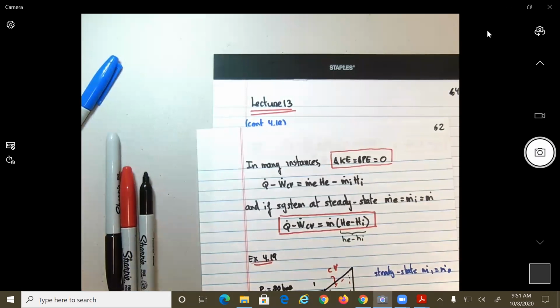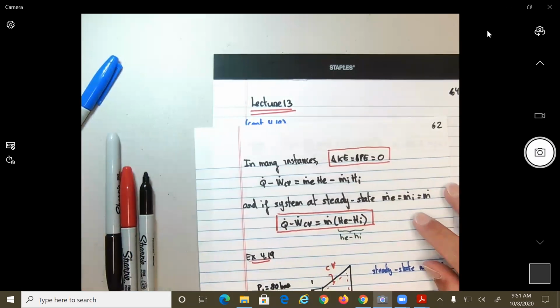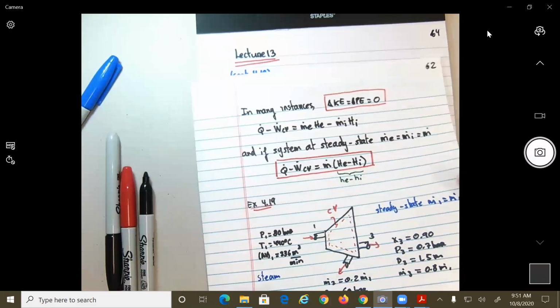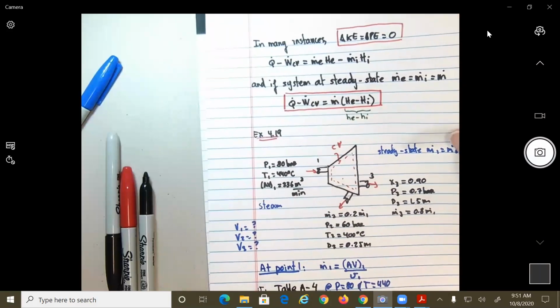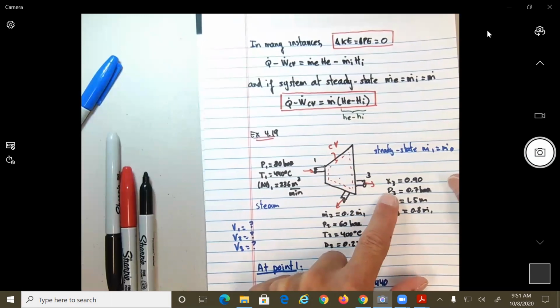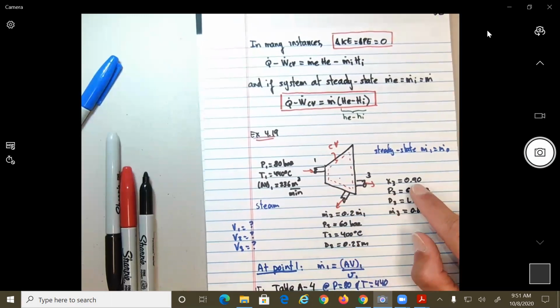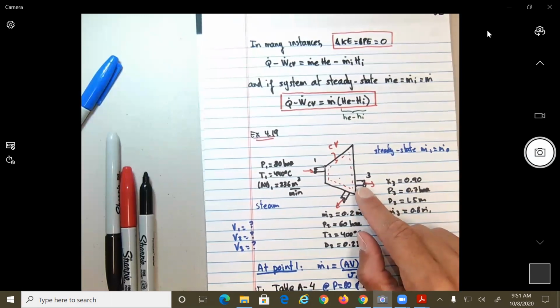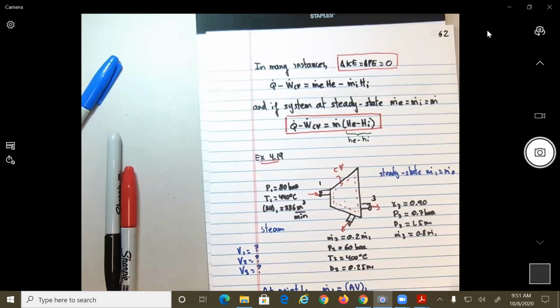So now we need to do something similar, but at the exit 3. What do we know about exit 3? If they give us the quality, that means that at exit 3 the state of the water is a mixture.